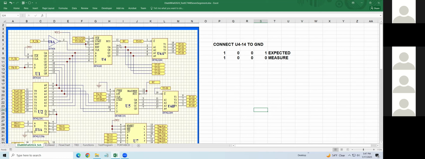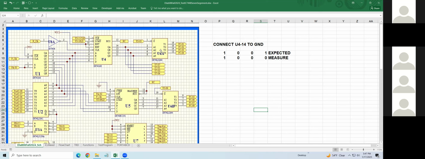What can we do? First thing, you have to remove the wiring to U6 pin 2, to make sure they're not caught by U6. You just remove the wire and measure pin 14. If it's high, that means U6 got the problem.